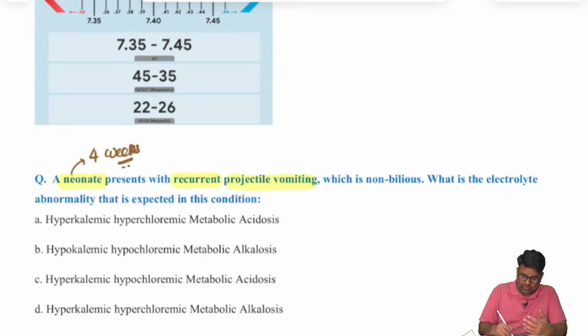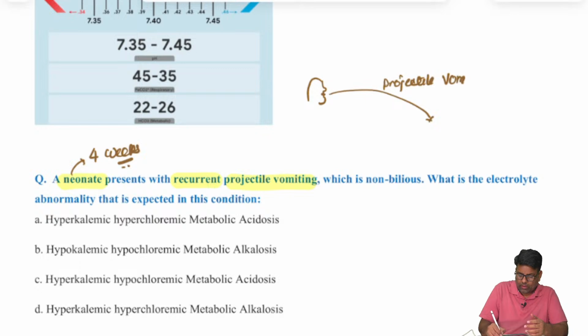Projectile means the vomitus is being ejected with a force and it falls at a distance from the body, right?